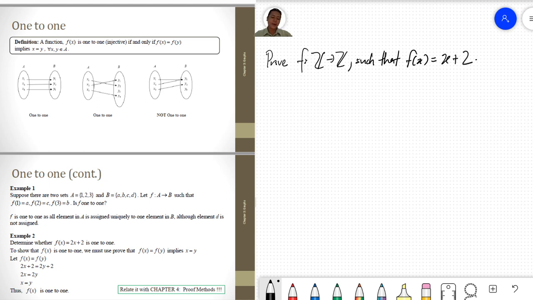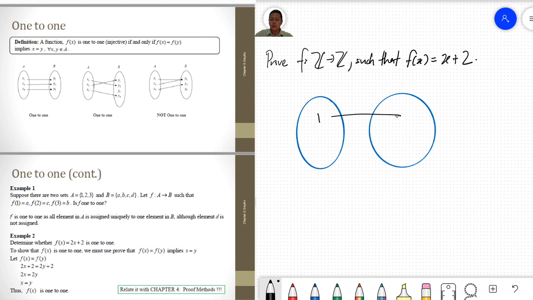Very simple one. You can start to visualize whether this is one-to-one or not, like this. I have 1. 1 will be mapped to 1 plus 2, which is 3. 2 will be mapped to 2 plus 2, which is 4. 3 will be mapped to 3 plus 2, which is 5.